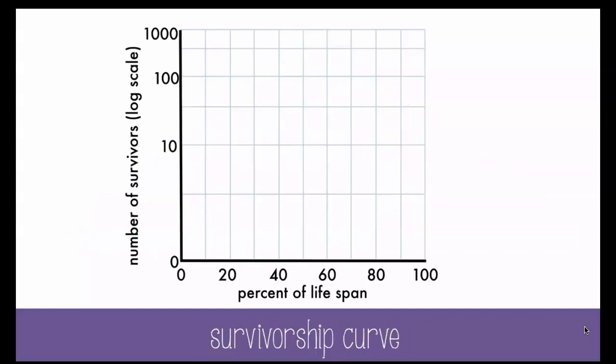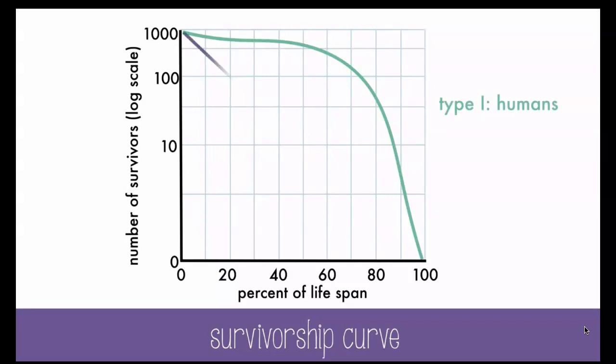A survivorship curve is a graph that shows the number or proportion of individuals surviving to each age for a given species or group. Type 1 survivorship curves produce few offspring and care for the young. They have high survival rates of the young, and they live out most of their expected lifespan and die in old age. Examples of type 1 are humans or even large mammals like elephants. In the type 2 survivorship curve, there's a constant death rate throughout the lifespan.